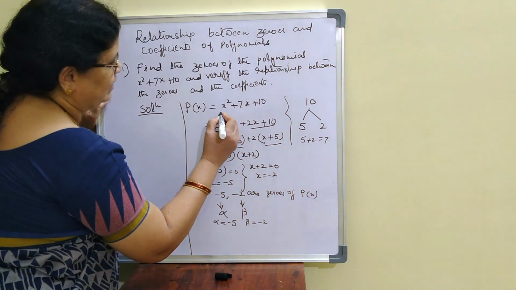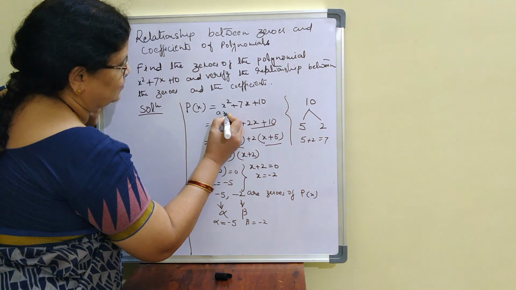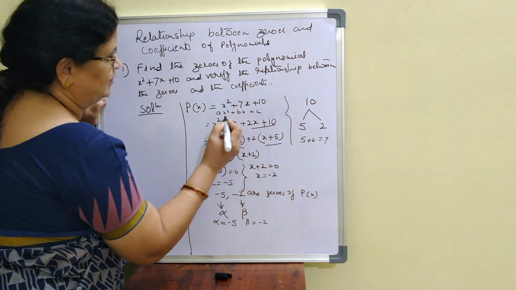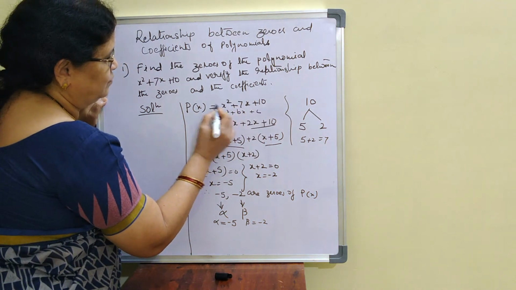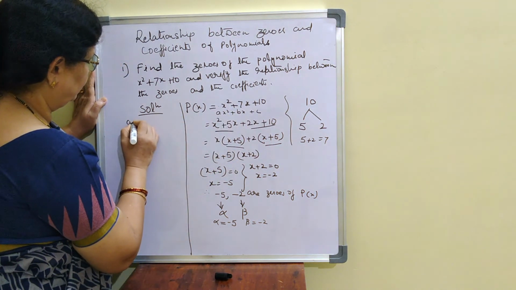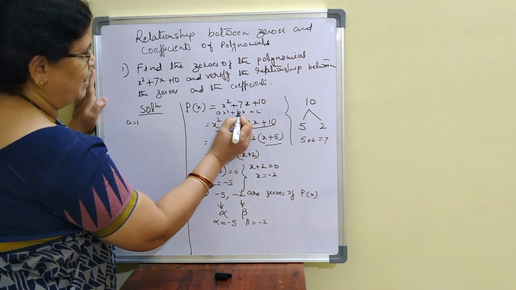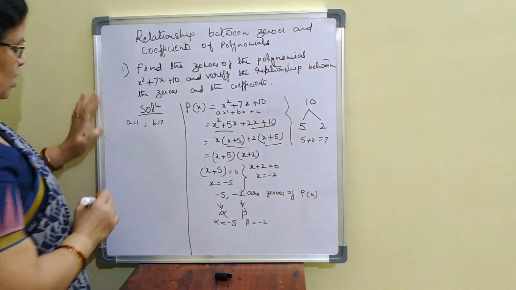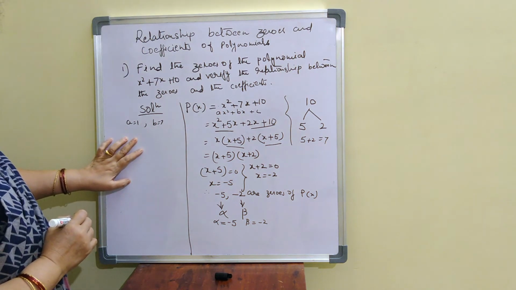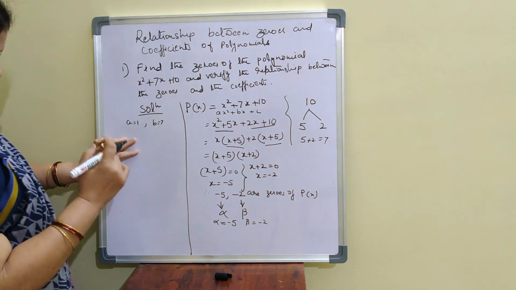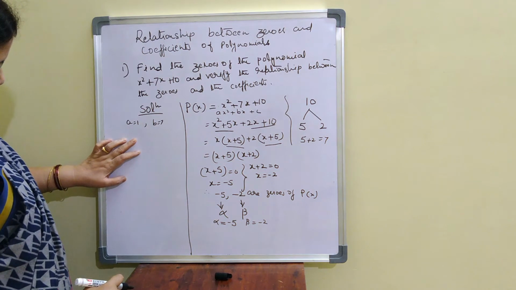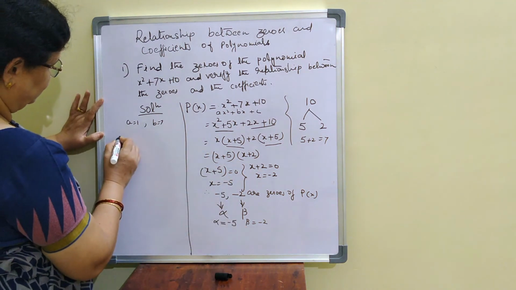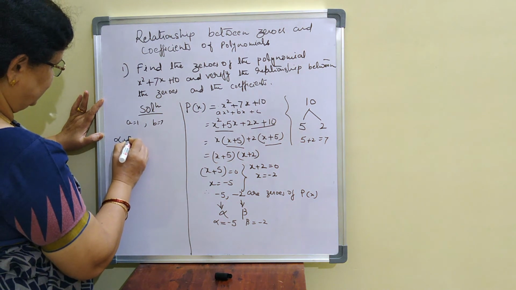If I write it as ax square plus bx plus c, now a is 1 here and b is 7. Now let us verify the relationship.